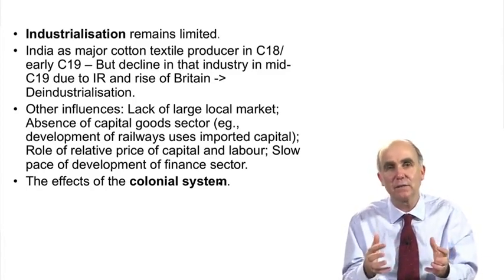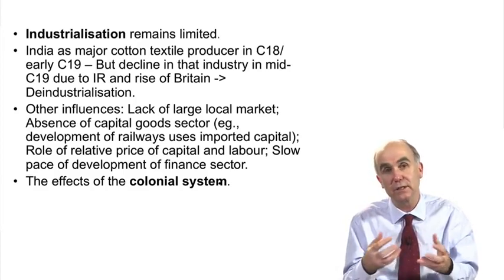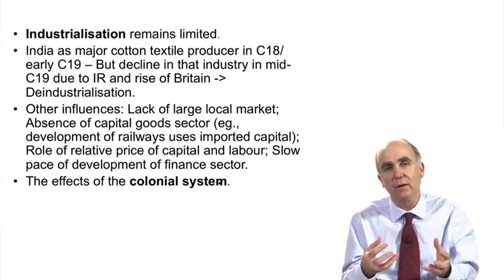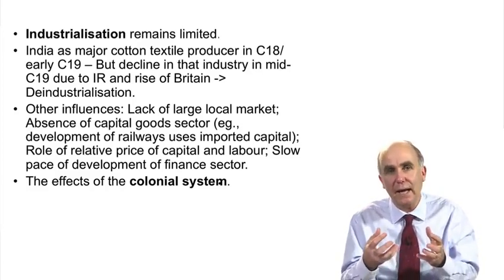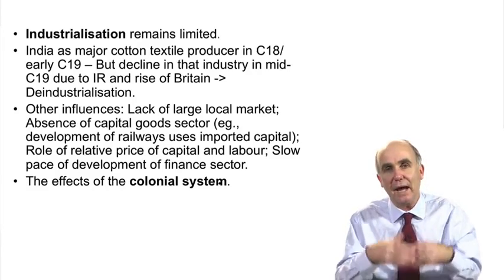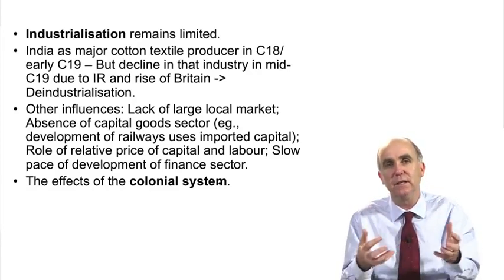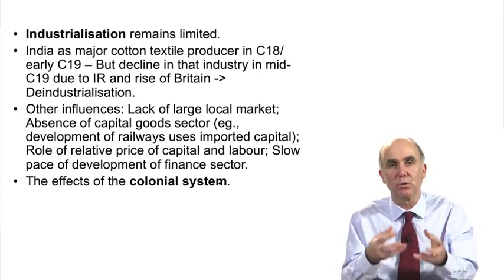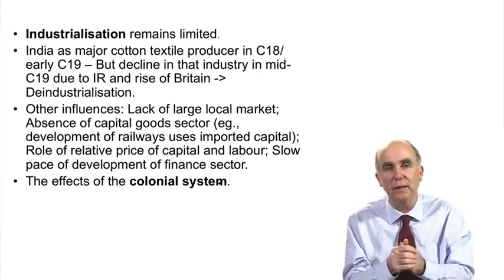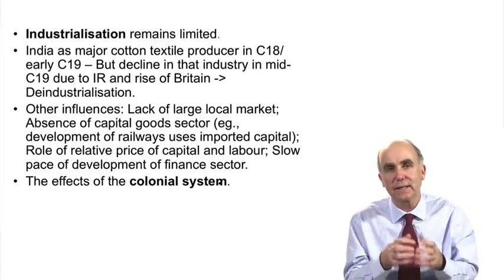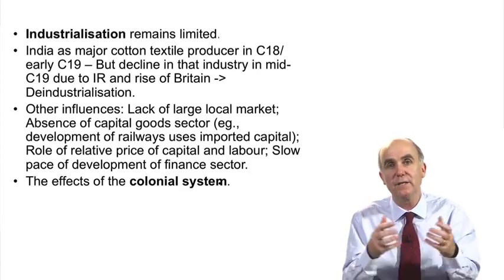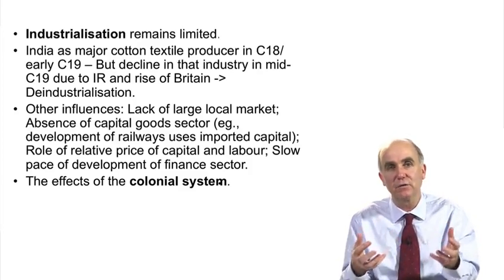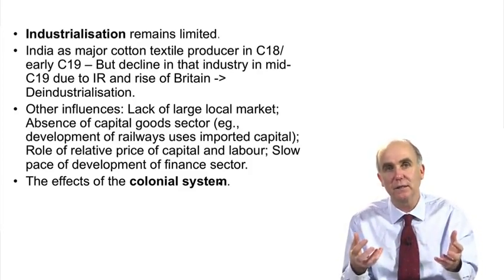Now, there are other aspects of the colonial system which are also debated. For example, it's argued that one reason India didn't perform well during this period was that there was a net outflow of resources from India, that India was being exploited, that resources were being expropriated by Britain. There are counter-arguments to that which say, well, no, in fact, India was a major area of expenditure for Britain, for example, financing the railway system.